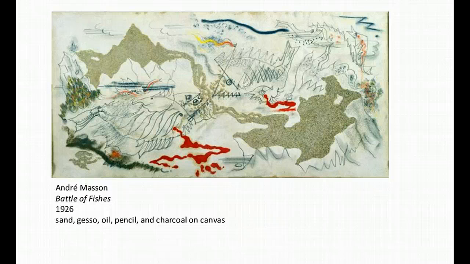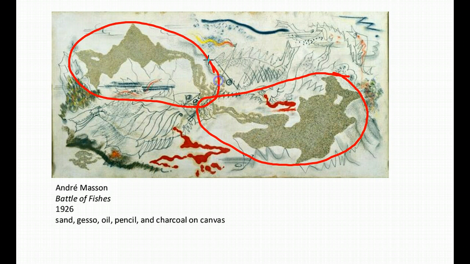André Masson's The Battle of Fishes. This is a great work employing the automatic or automatism. What Masson has done, or at least is legend to have done, is made a variety of different marks on a blank piece of canvas, including the pouring of glue and the adhering thereafter of sand, and also freely dripping red ink. And so this stuff here and this stuff here is sand that is adhered to the canvas in an automatic means.